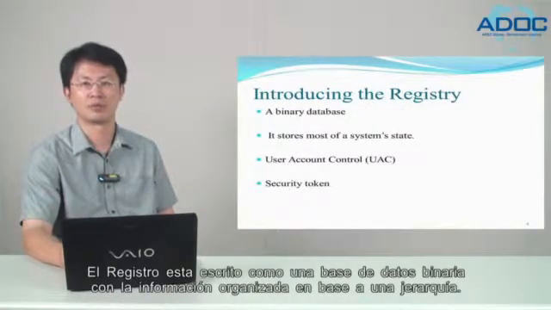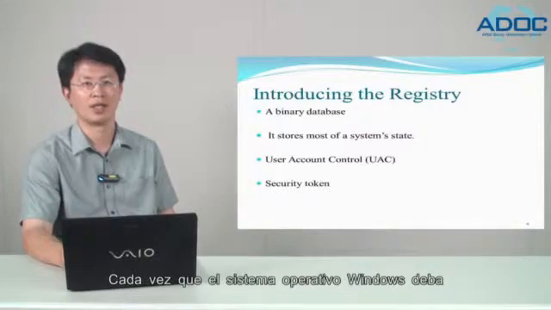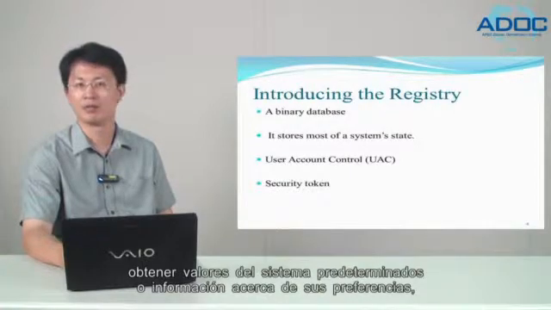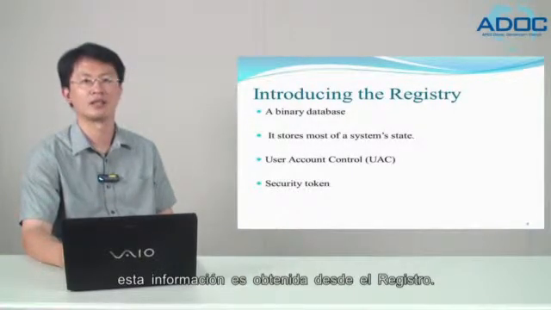The registry is written as a binary database with the information organized in a hierarchy. Anytime the Windows operating system must obtain system default values or information about your preferences, it obtains this information from the registry.